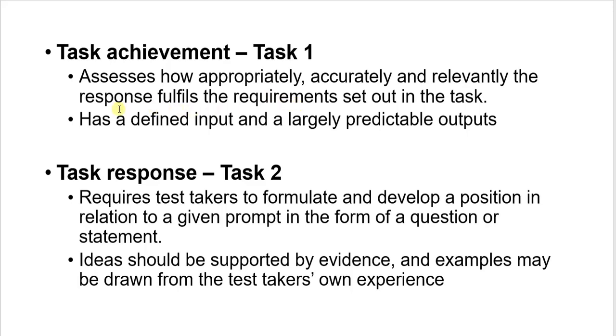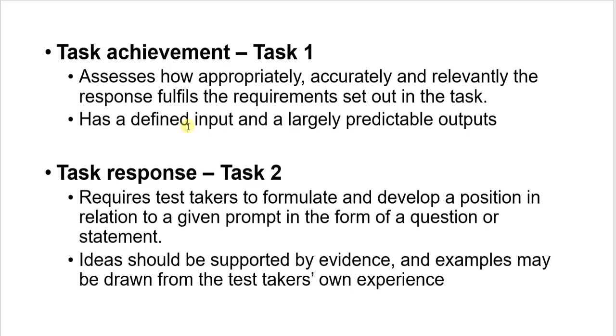So task 1 has a defined input and a largely predictable output. You are not supposed to write outside what has been given to you. The visual, the table, the diagrams, the pie charts, all of them, you are only restricted to the information that is given to you in the question. So it has a defined input and a predictable output.